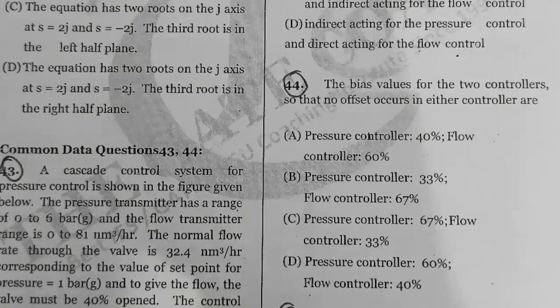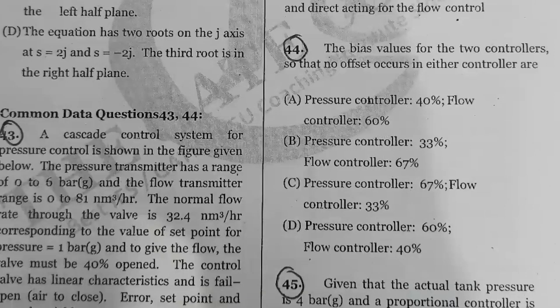Now, we can read the question once again. They have given the normal flow rate through the valve is 32.4. Corresponding to the value of the set point for pressure 1 bar.